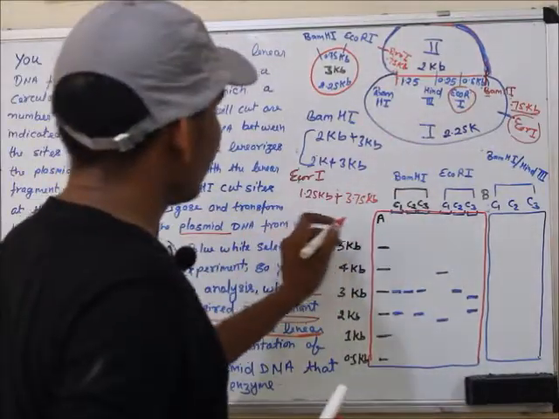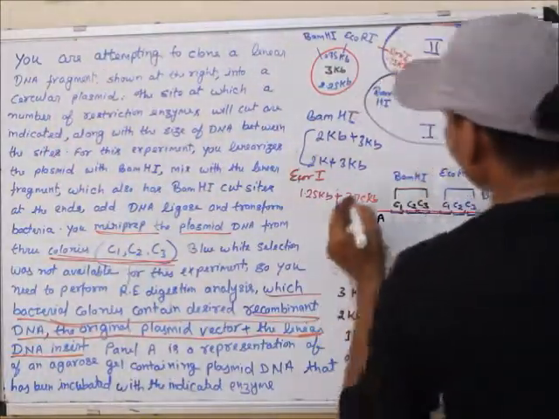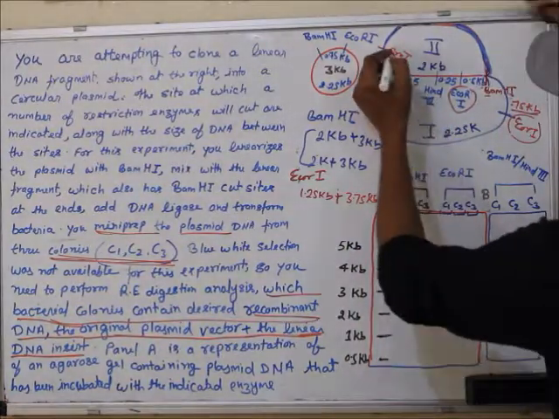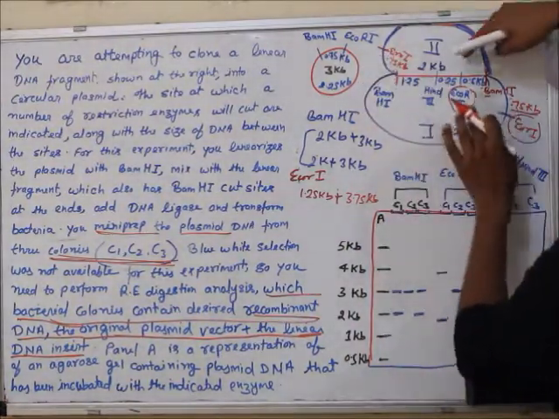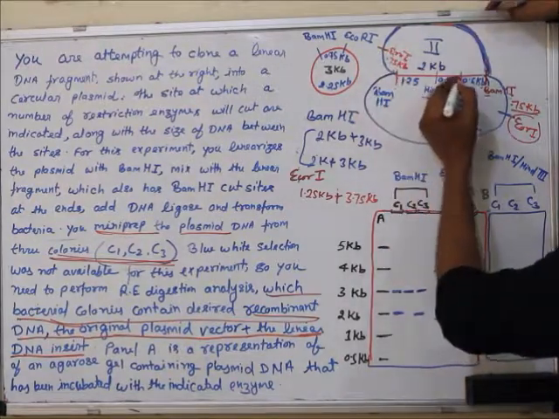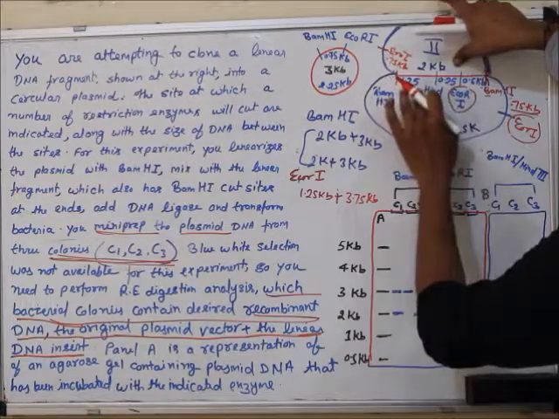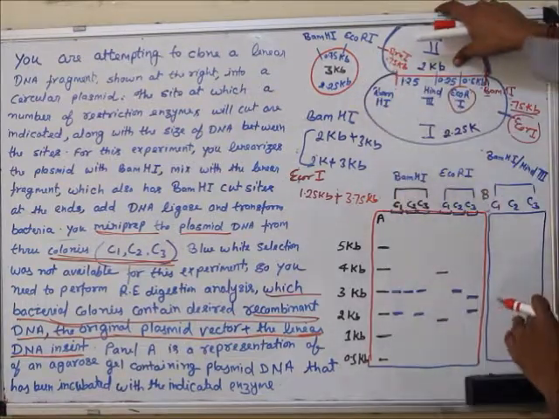If you cut with EcoRI in the second orientation, there is an EcoRI site here and here, so it looks like this: 0.25, 1.25, 0.75.